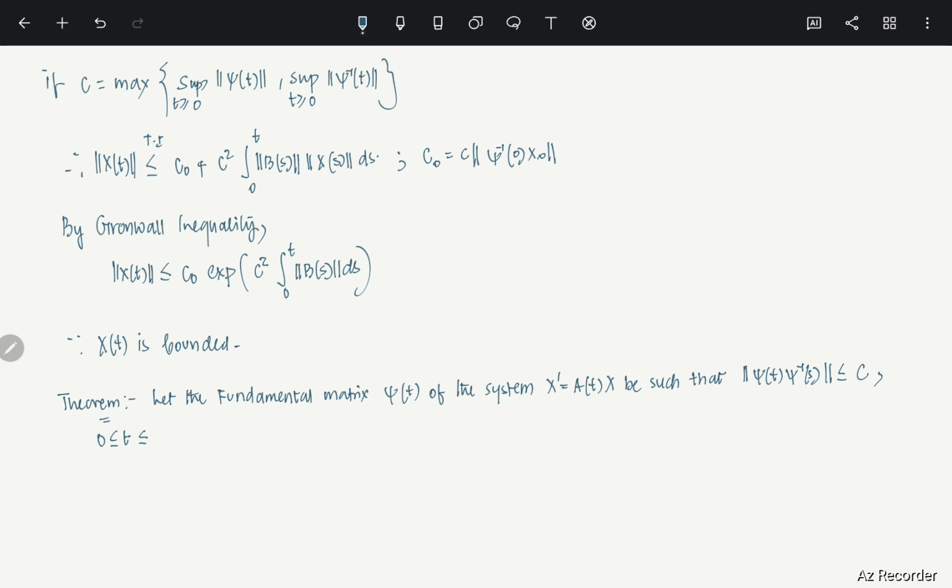So please keep that in mind. So here I have to change it to s less than or equal to t less than infinity. Is this okay? This is the condition which I am taking, where C is a positive constant.